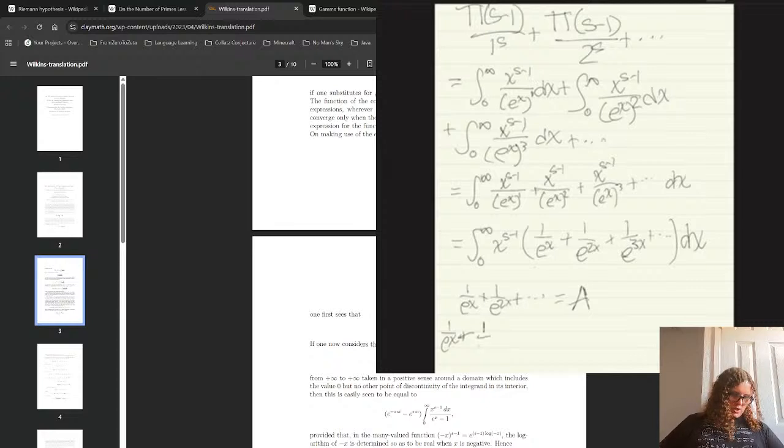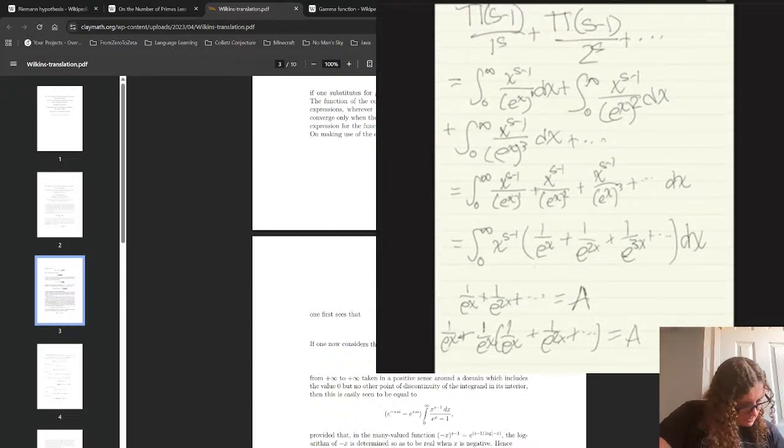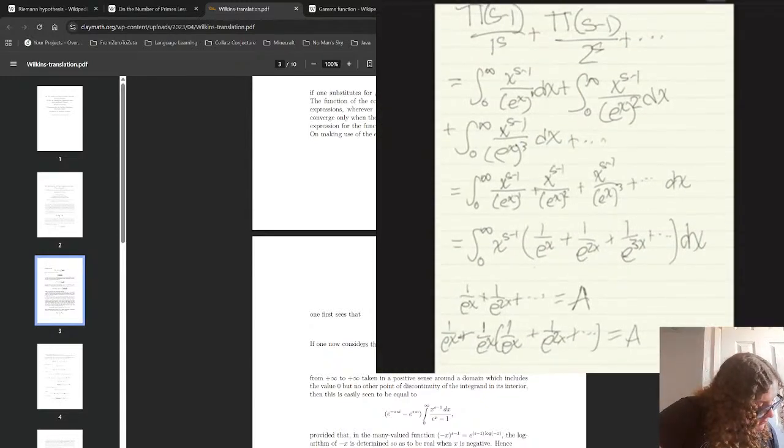So it becomes 1 over e to the x times 1 over e to the x plus 1 over e to the 2x plus, and so on, and that still equals A. All we've done is move some terms around, which means this quantity here is actually the same thing as A.